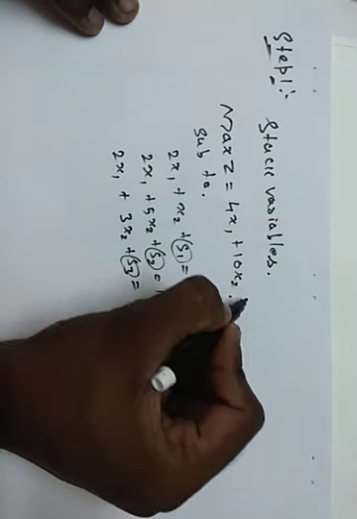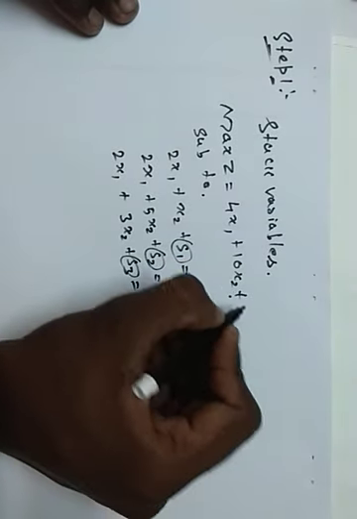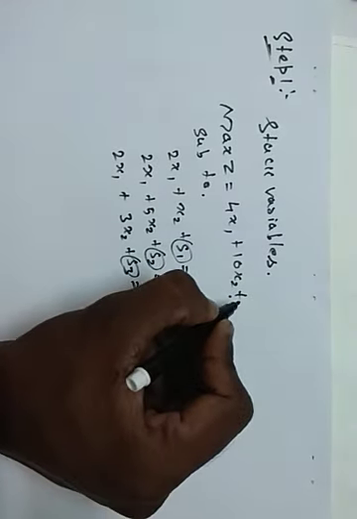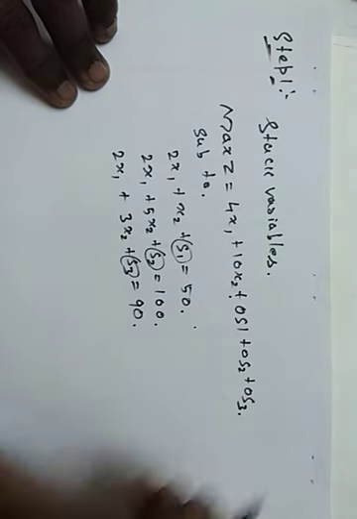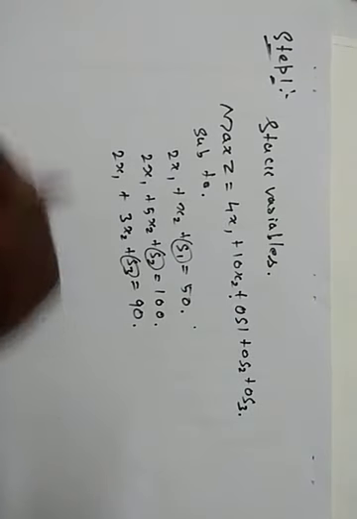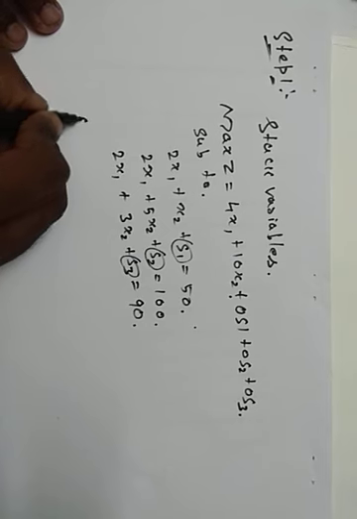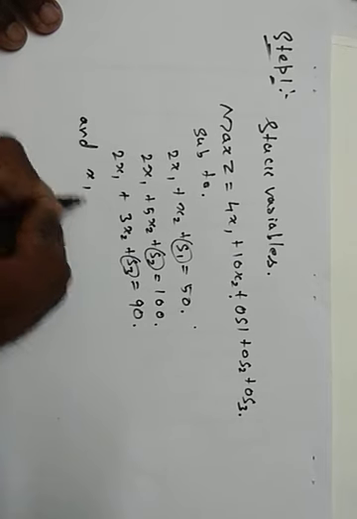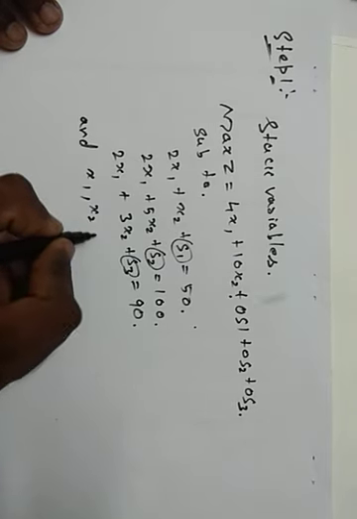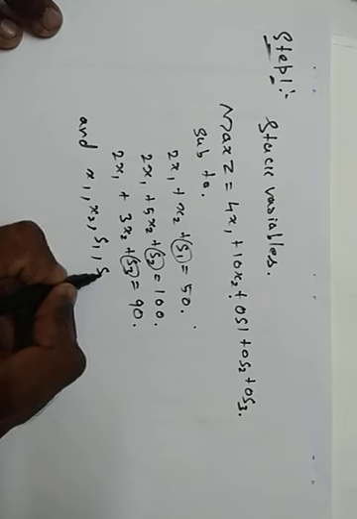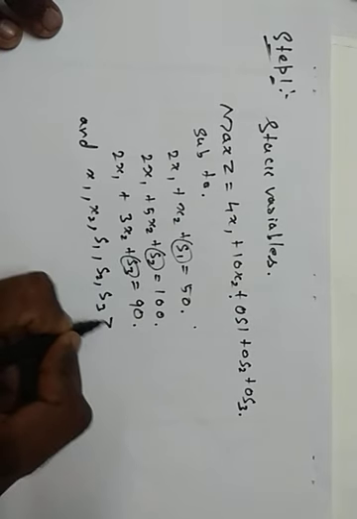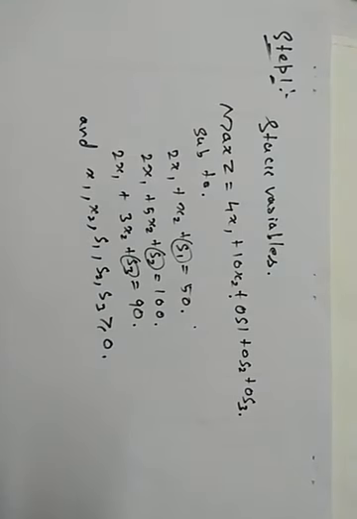Now we have to insert in the maximize, that is our objective function. So we'll be inserting 0s1 plus 0s2 plus 0s3. And at last we have to mention all the variables, that is x1 and x2 and s1, s2, s3 greater than or equal to 0.